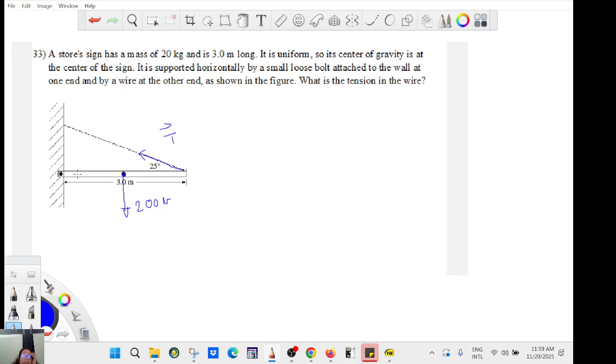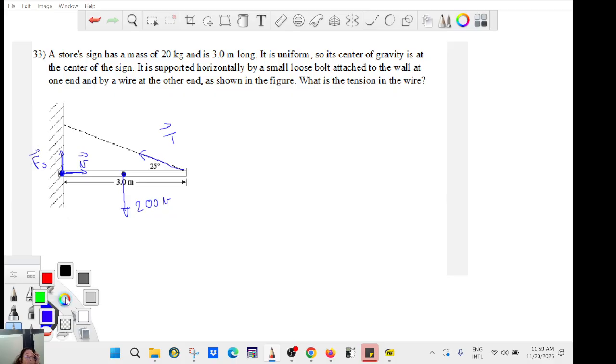So you neglect the mass of the beam because they don't talk about it. But not only that, here it's attached to the wall. So the wall is going to push back, because pushing on the wall is going to push back, and it doesn't slide. So that means you also have some static friction.